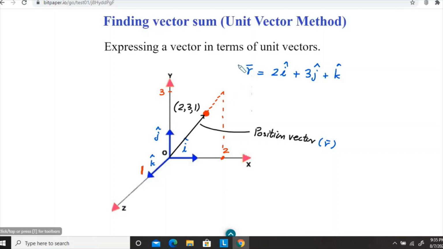So this is how we express a vector in terms of its unit vectors.